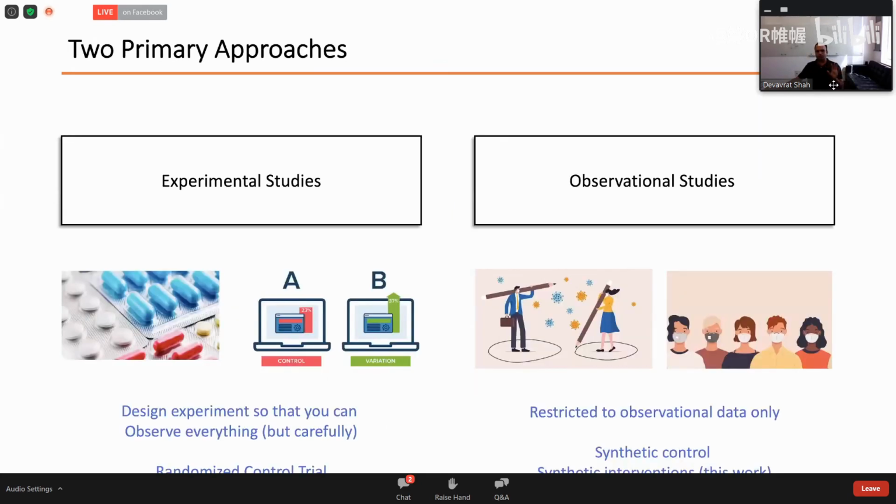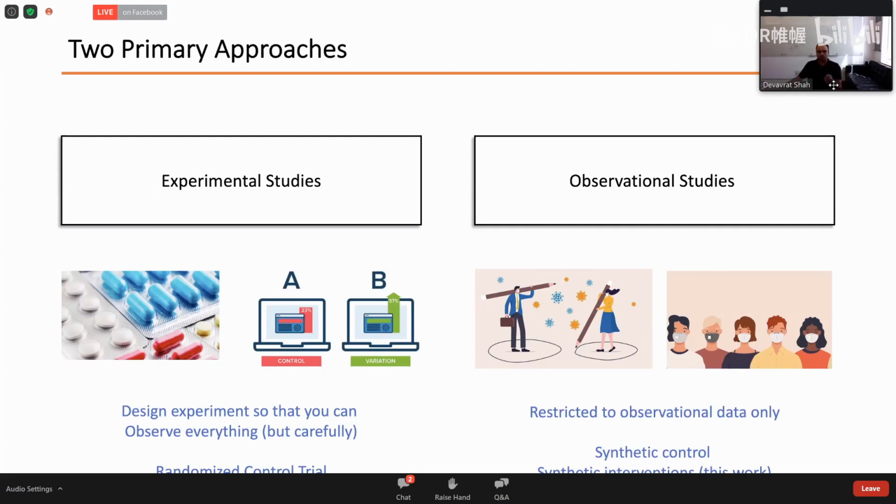Now, the primary approaches to estimate these potential outcomes have been roughly two. One is what we would call experimental studies, another what I would call observational studies. In experimental studies, you would design an appropriate experiment that can gather information about all potential outcomes, and then summarize that to make the eventual decision.